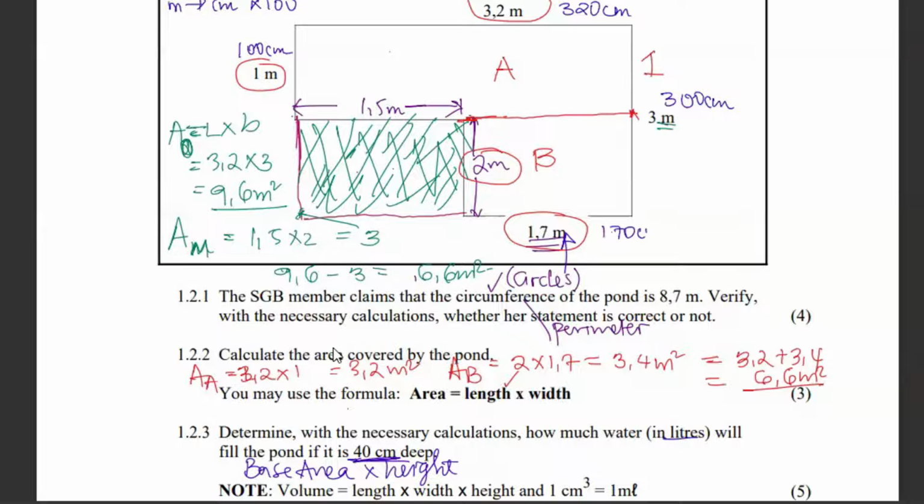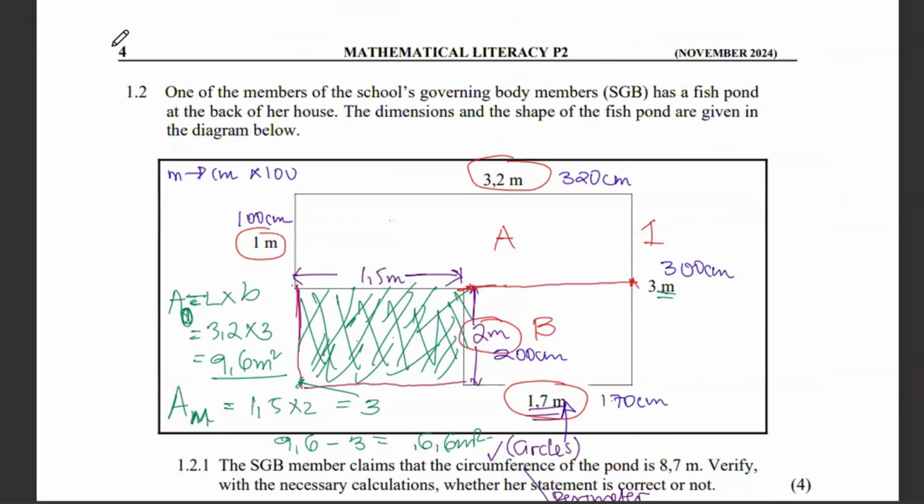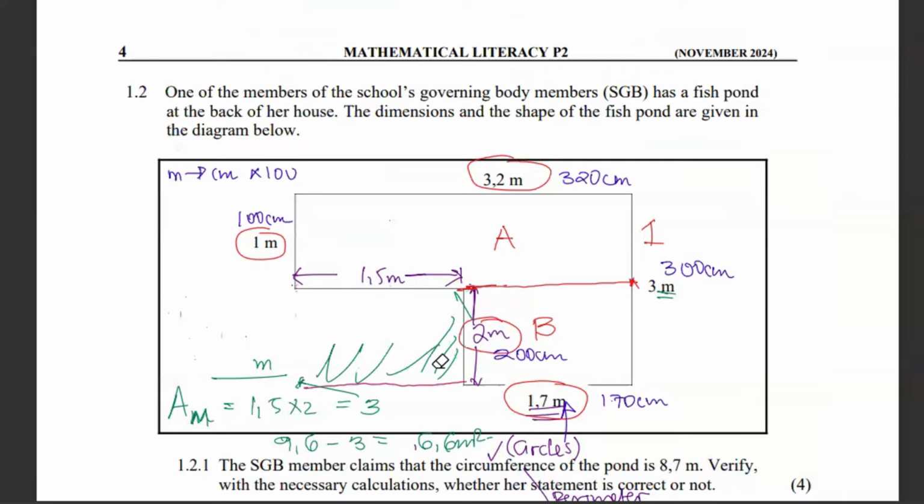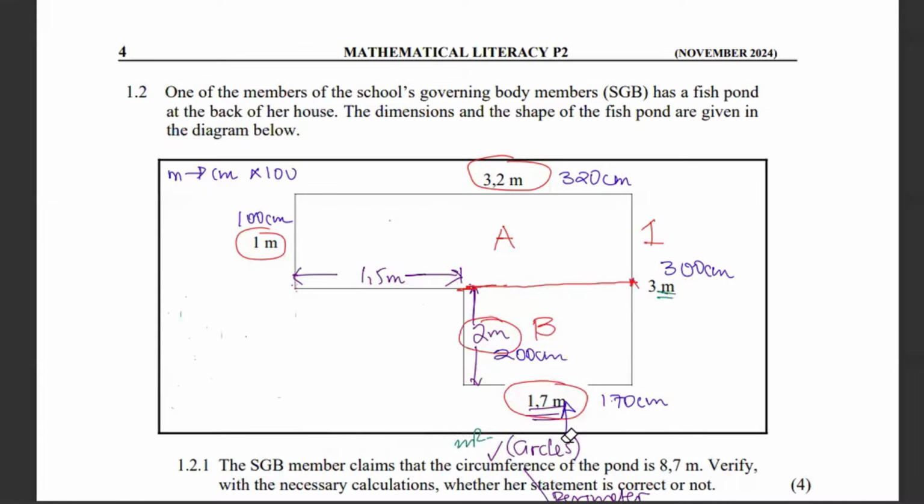Yes, the 2 becomes 200 centimeters. This one is not needed because it won't be used anywhere. Anyway, let's continue the same way we did the first part. We're going to look for the area of all and see how to turn it into volume.